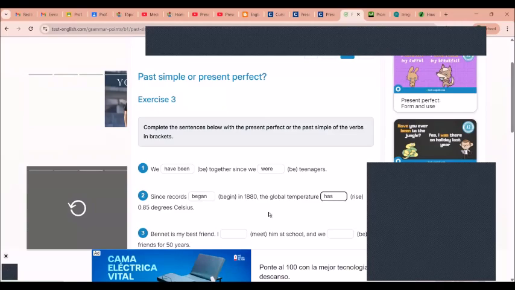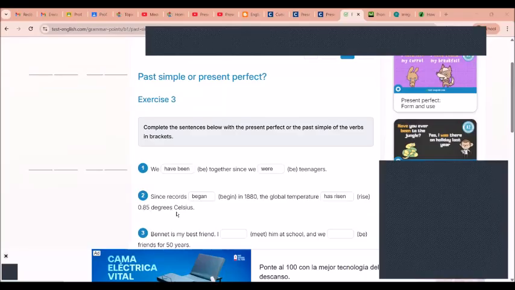Has risen. All right, recent. 85 degrees Celsius. Good. All right, let's keep going.